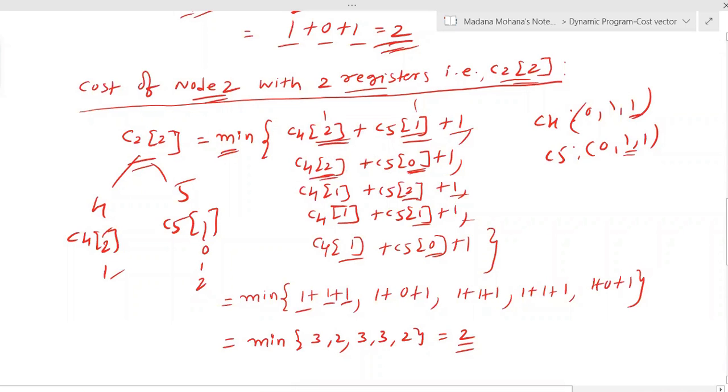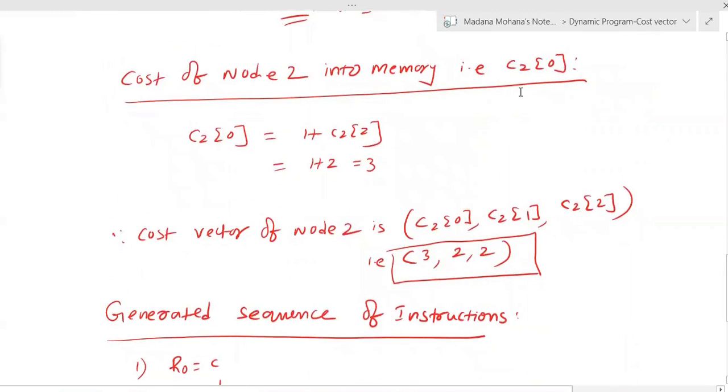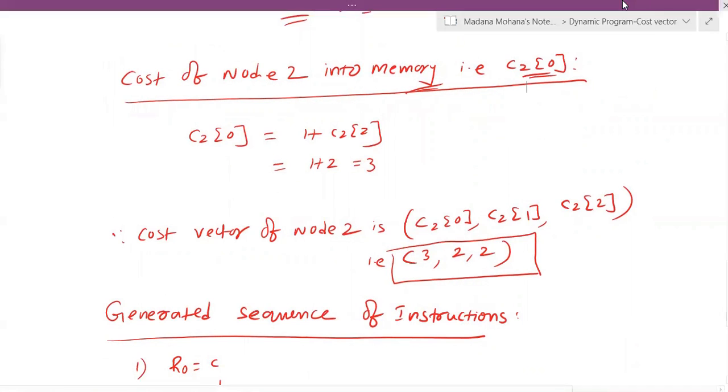Then the second one you can see C4 of 2 is 1, plus C5 of 0 memory value 0, plus 1. Like that you can find out what you will get: 3, 2, 3, 2, 2. The minimum value among all these is 2. Therefore C2 of 2 equals 2. Now the last one with memory, cost of node 2 into memory, that is C2 of 0.